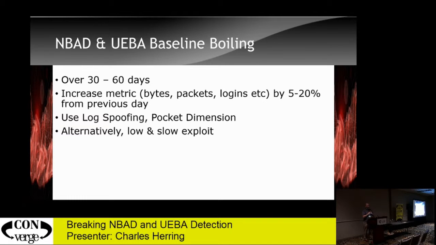So if the baseline is 10 megs a day, you transfer 10 megs a day and do that every day, then the counter is going to reset at midnight, and then you've got another 10 megs for that day, and then another 10 megs. And these can also be used in combination with each other. So if you have the time to do a slow exfiltration, that's generally the best way to do it for avoiding anomaly-based detection.